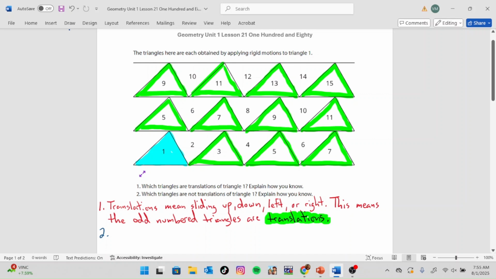So the even numbered triangles are not translations of triangle 1.